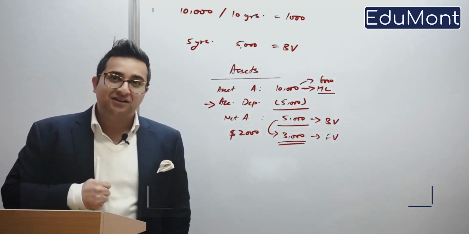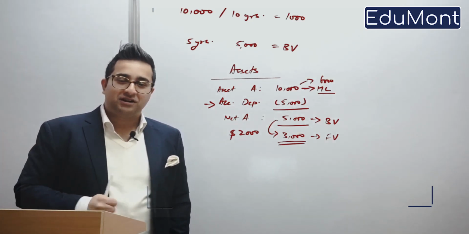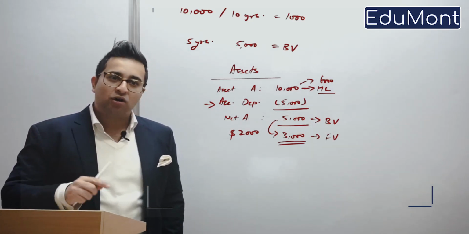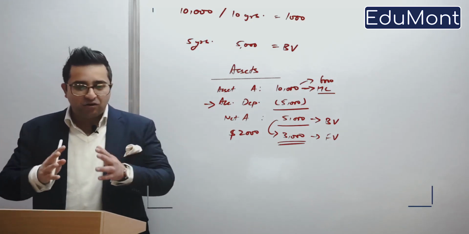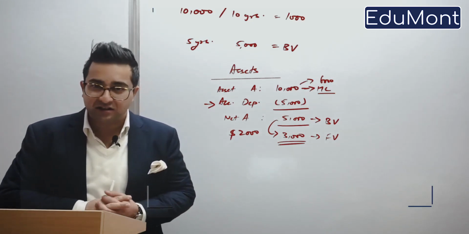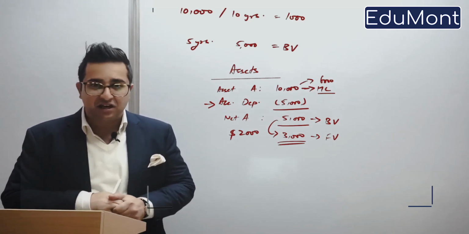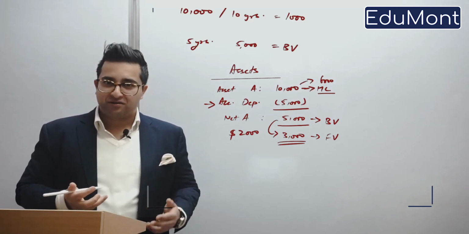Next year when I go to sell it, I will receive a similar value from it, resulting in either a very small gain on sale or a very small loss on sale, not resulting in a massive loss on sale or a massive gain on sale. Basically, not giving the consumer of my financial statements the wrong idea. This is why impairment is important.